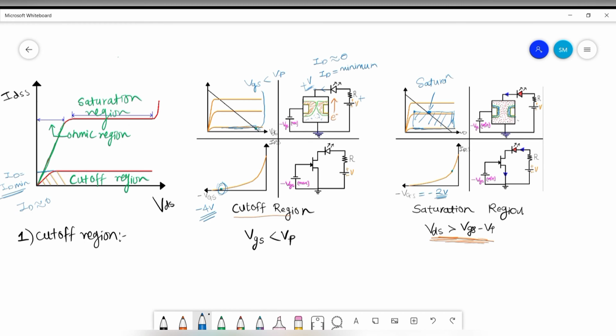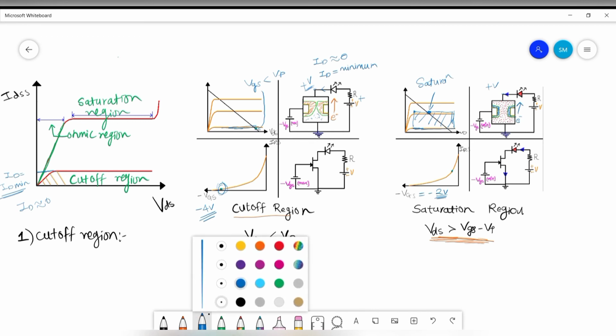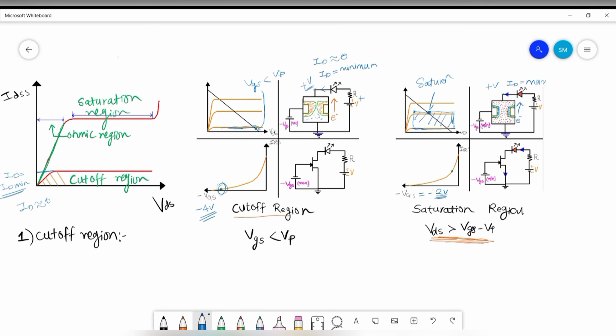The electrons present at the source terminal can easily move towards the drain terminal, and again our drain terminal is at a higher positive potential. So the current ID is maximum. If I extend this line and draw a tangent, I will get ID equal to ID max.